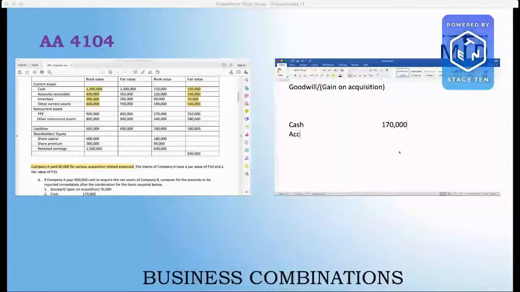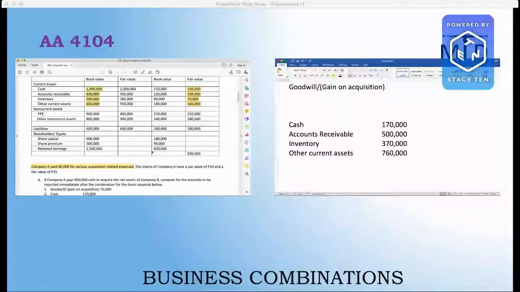Accounts receivable. Inventory, 370,000. Should have used Excel for this one. Other current assets, 760.